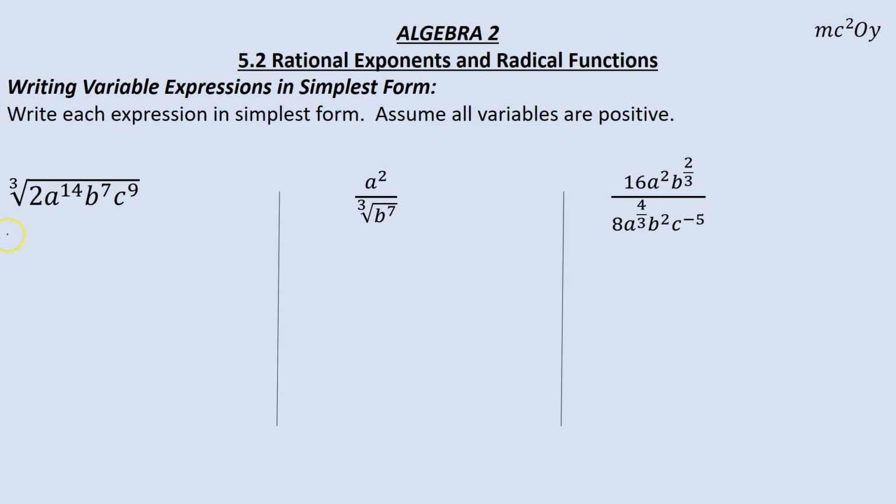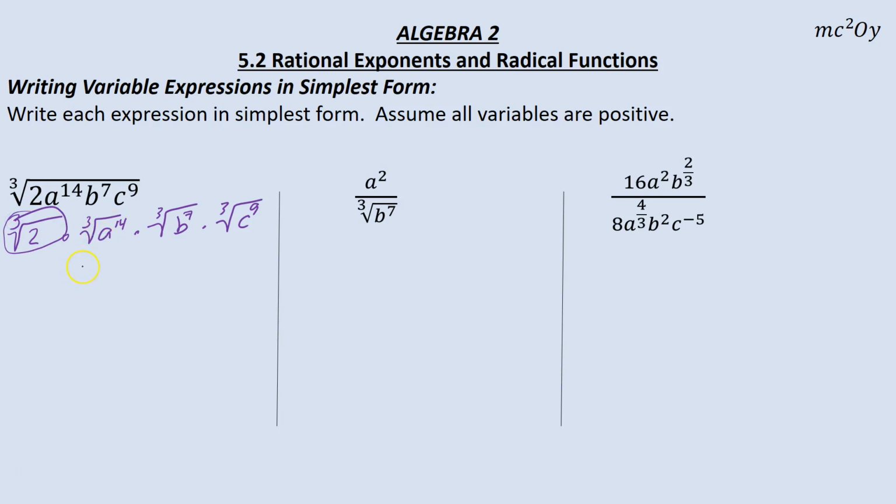So let's go ahead and take this cubed root of 2, the cubed root of a to the 14th, the cubed root of b to the 7th, and the cubed root of c to the 9th, right? I'm looking at a cubed root of 2 I can't do anything with, so I'm at a dead end there, so I'm just going to circle it.